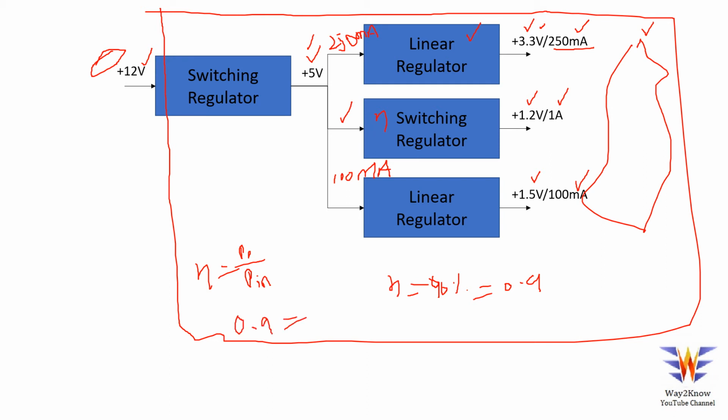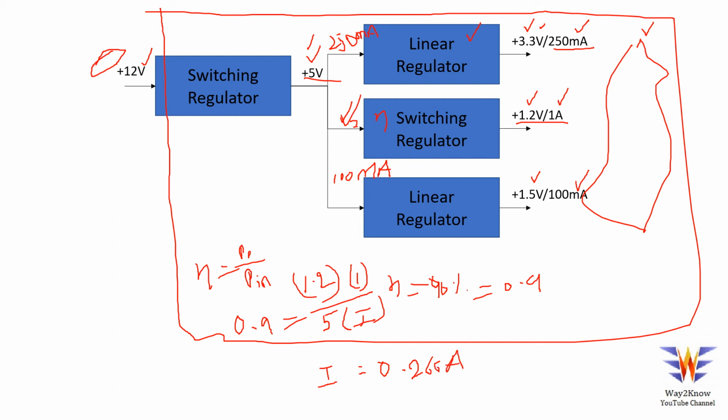P out is this output power. Output power is given by 1.2 V into I, 1.2 into 1, divided by input power. Input power is given by 5 and we don't know the current here. Let us assume this is I. 5 into I. So in this scenario, if you calculate, I comes as around 0.266 amps.